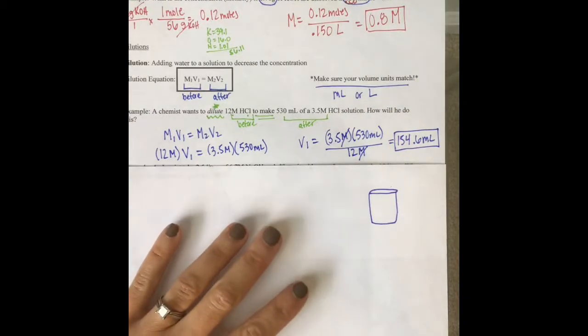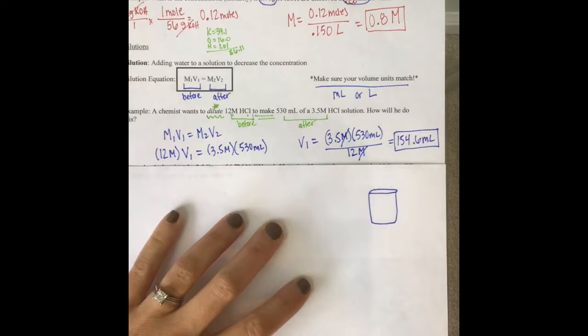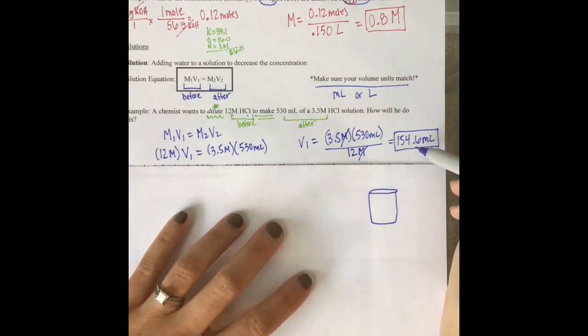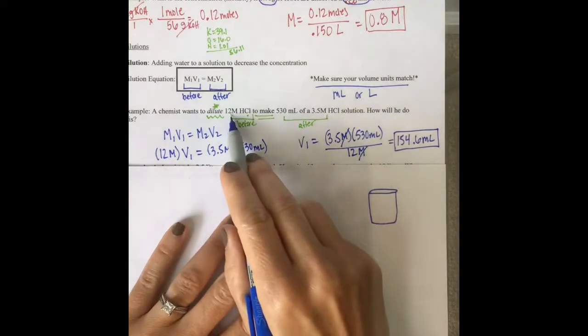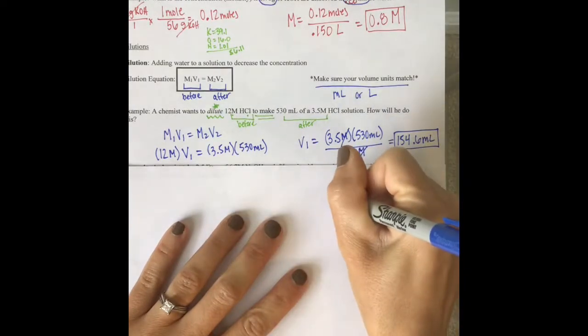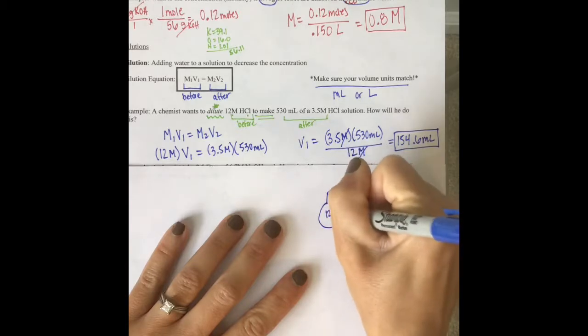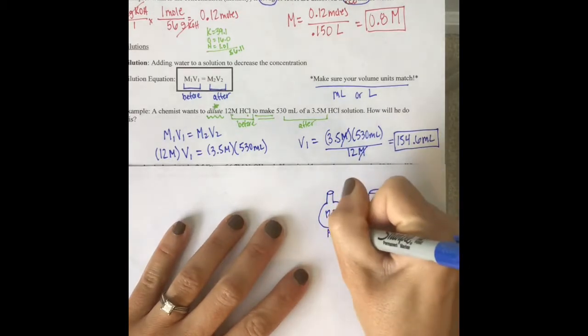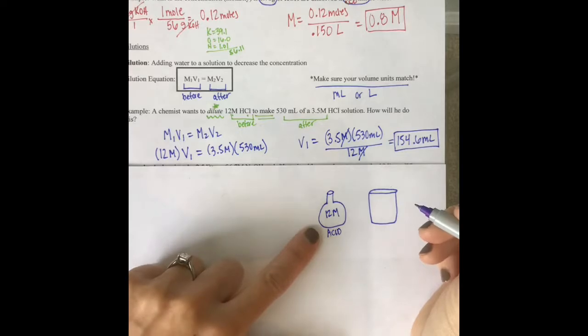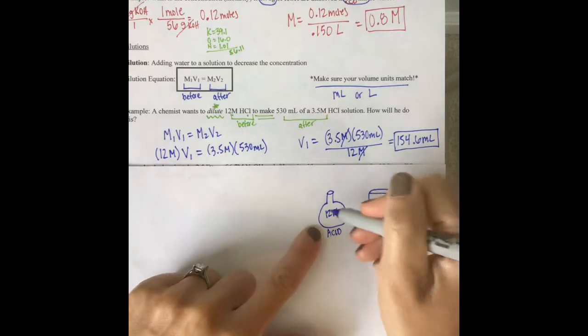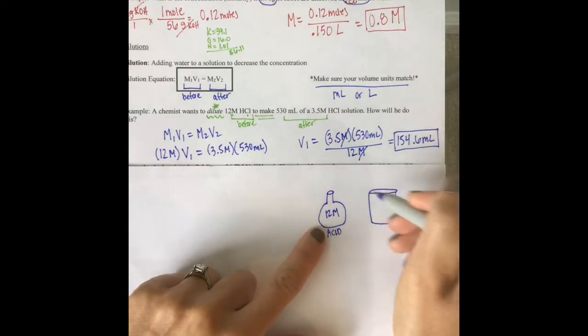All right, so I think it's really important to think about what this number is telling us, okay? So this chemist started with a concentrated solution. So let's pretend here's our bottle of acid, and it's 12 molar acid. It's really strong, okay? And in the end, he said he wanted that diluted.